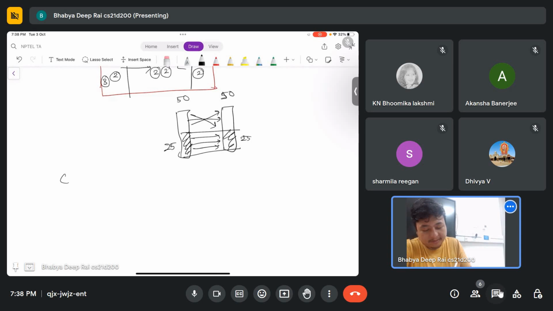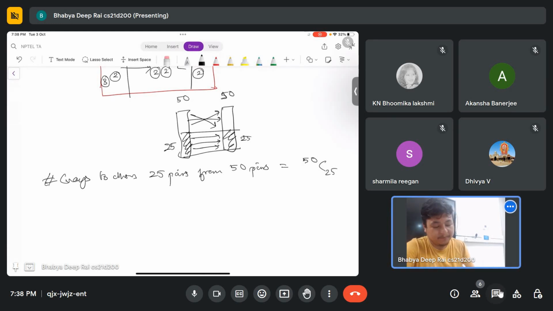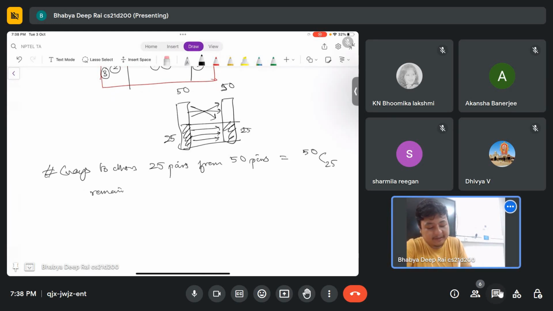So the number of ways to choose 25 pairs from 50 pairs is 50 choose 25, and the remaining 25 pairs derange.